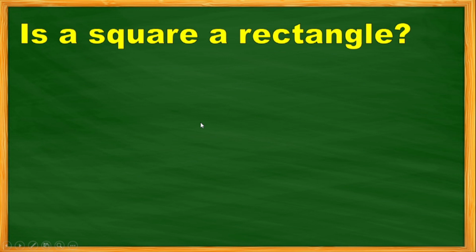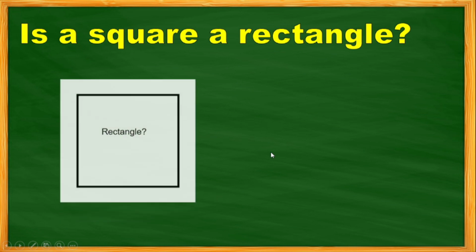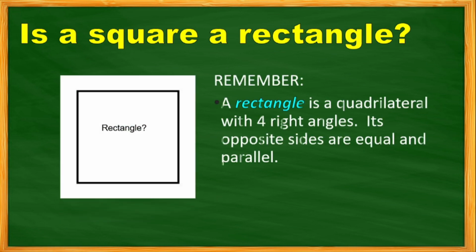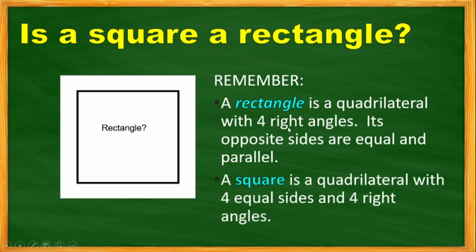Let's relate the quadrilateral to another quadrilateral. A square is a rectangle. So remember, a rectangle is a quadrilateral with 4 right angles and its opposite sides are equal and parallel. And a square is a quadrilateral also with 4 equal sides and 4 right angles.